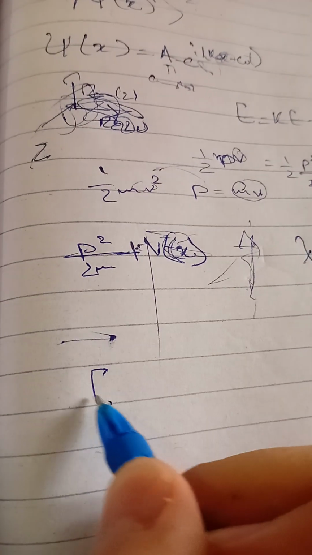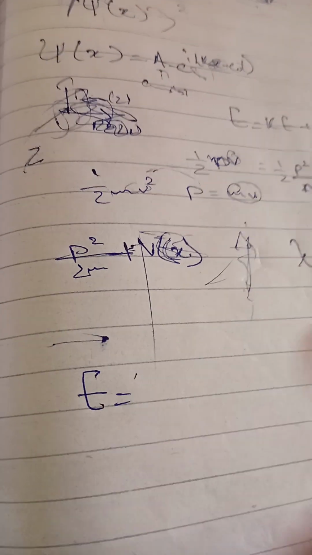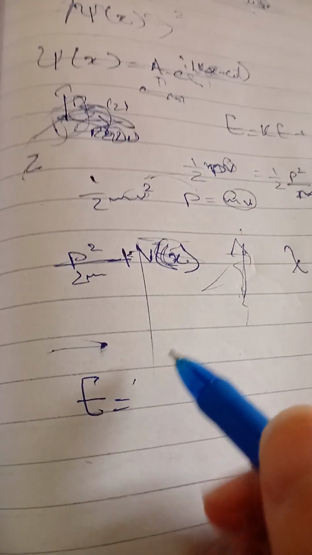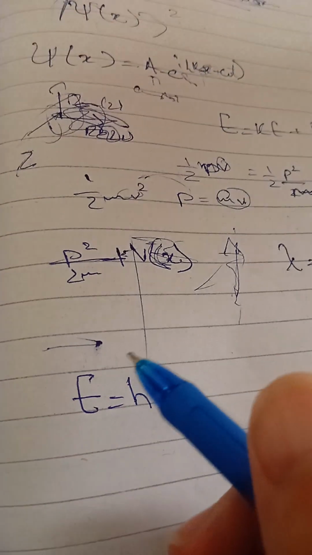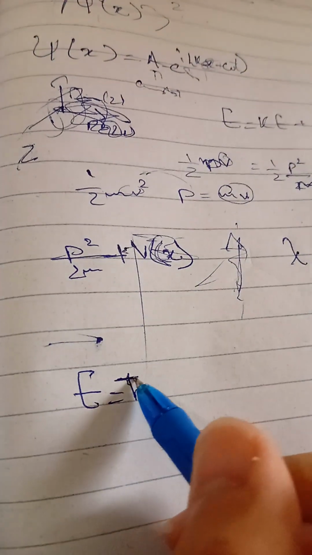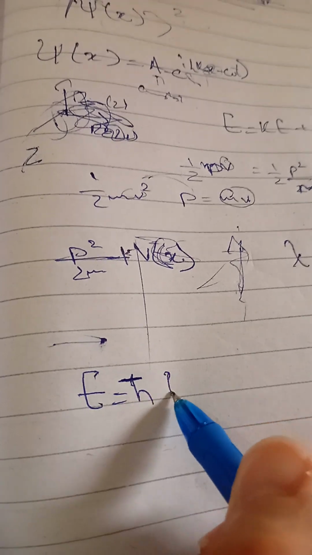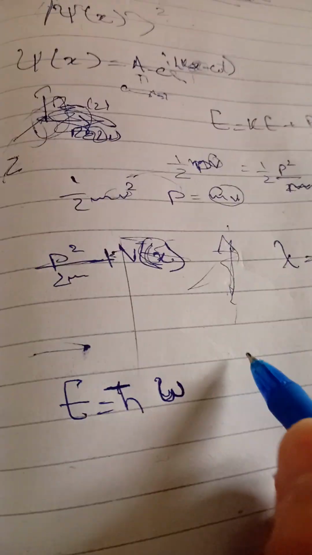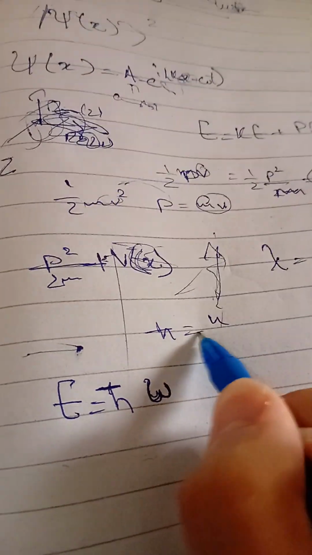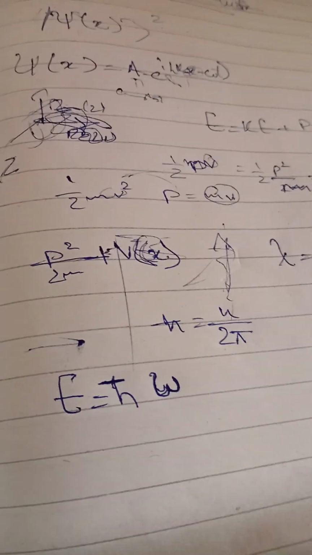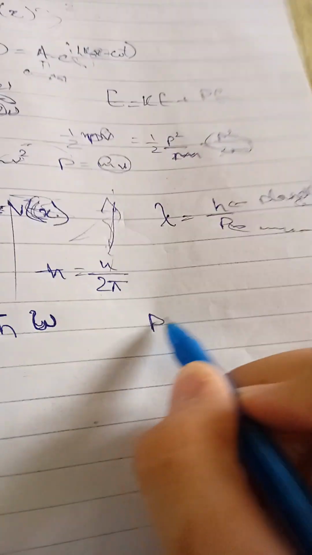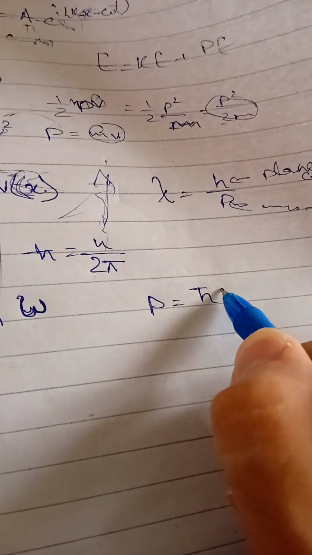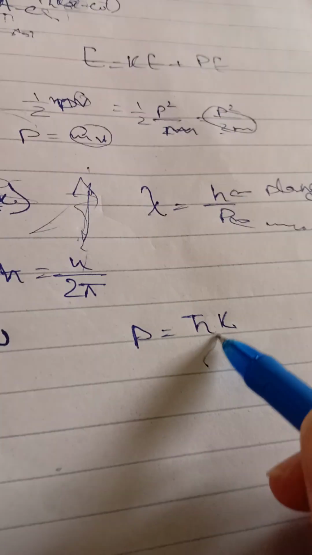According to Albert Einstein, light travels in packets called quanta, and the energy in one packet is the reduced Planck's constant multiplied by the angular frequency. Reduced Planck's constant is the normal Planck's constant divided by 2 pi, and that's what we use in general equations. The momentum is the reduced Planck's constant multiplied by k, our wave number.